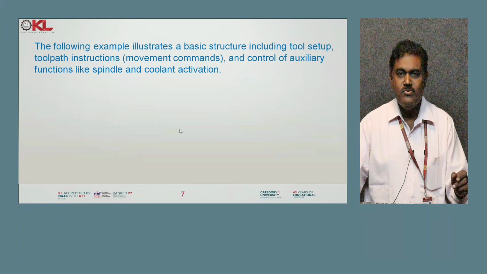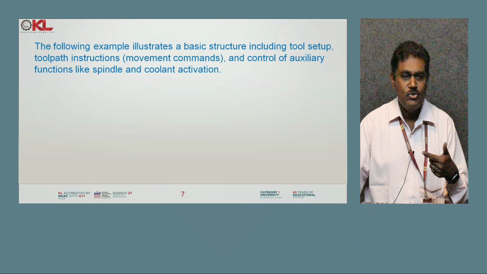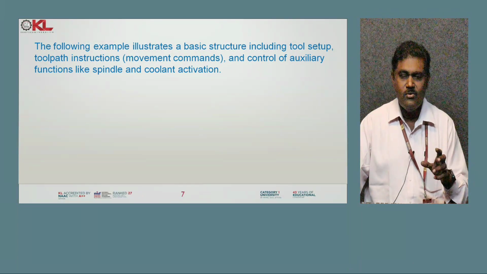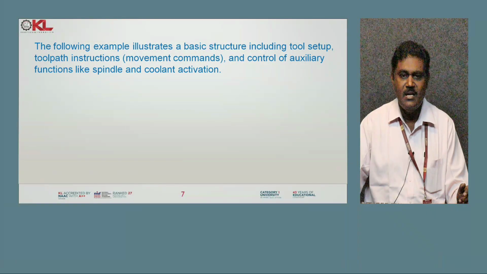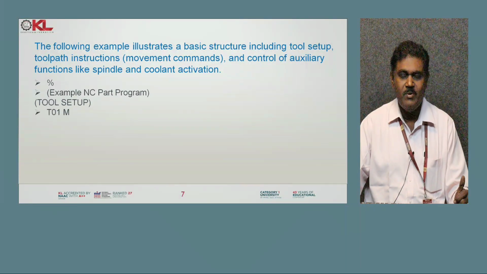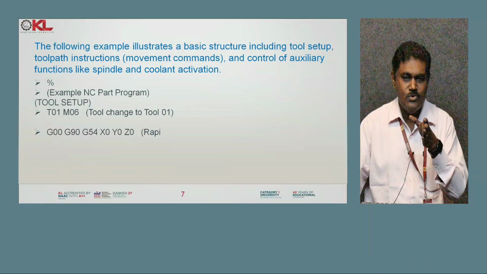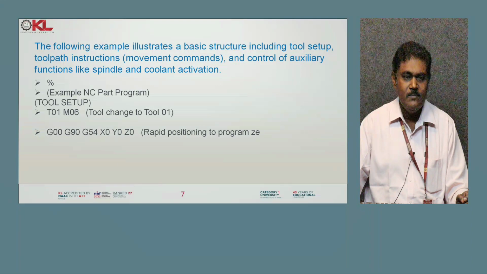The following example illustrates the basic structure, including the tool setup, tool path instructions, and control of auxiliary functions like spindle and coolant activation. Starting with the percentage, example NC part program, tool setup. T01 M06, the tool change to tool 01.